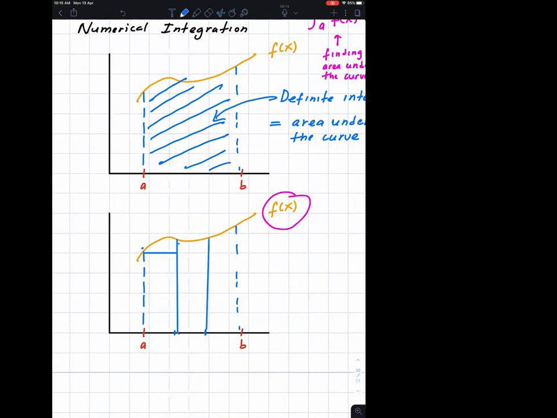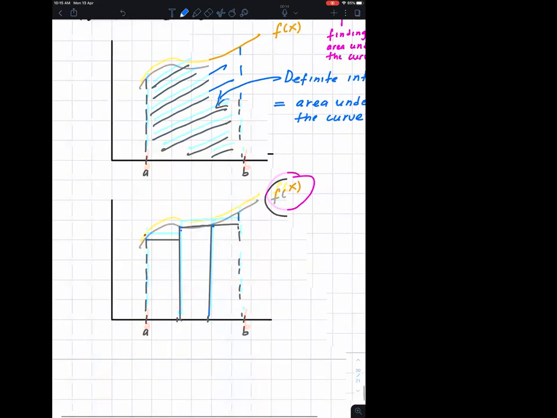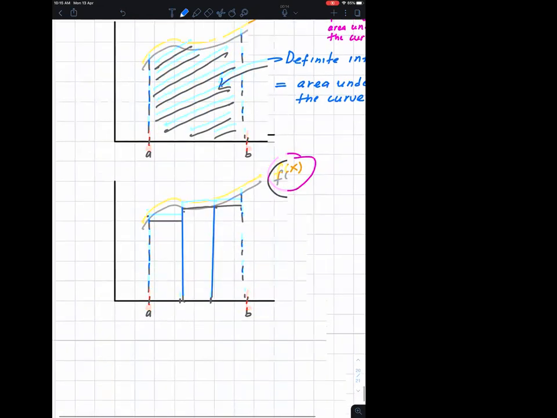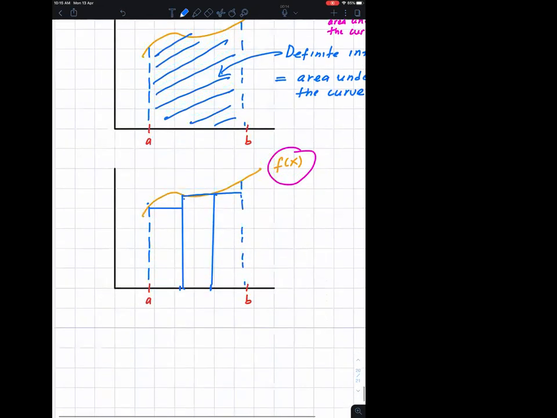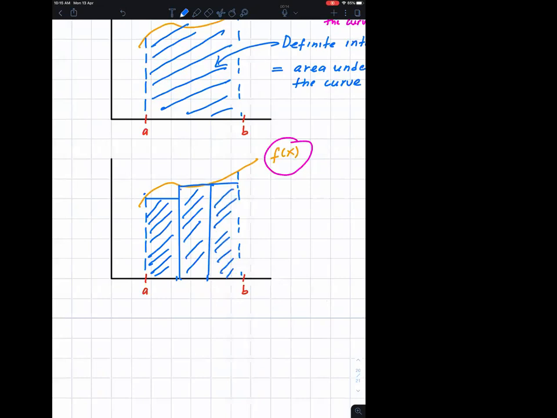We split the curve into a few pieces, and then you also put 2 pieces here. So then you have different areas. The area of a rectangle is easy to find, right? You can find the area of each rectangle, and then you can add them up together.